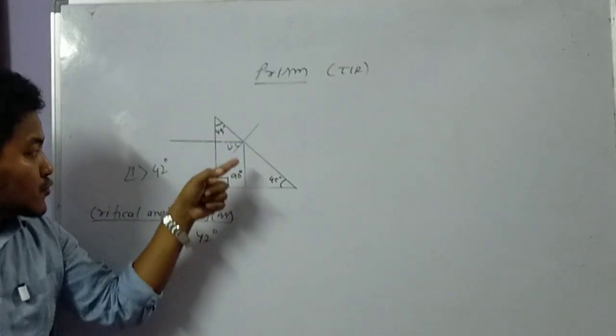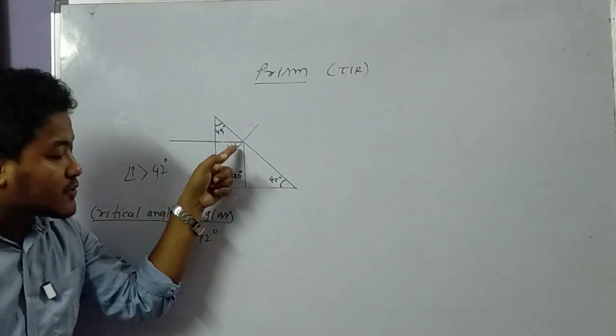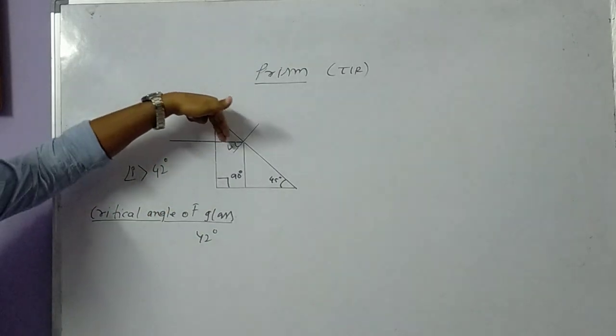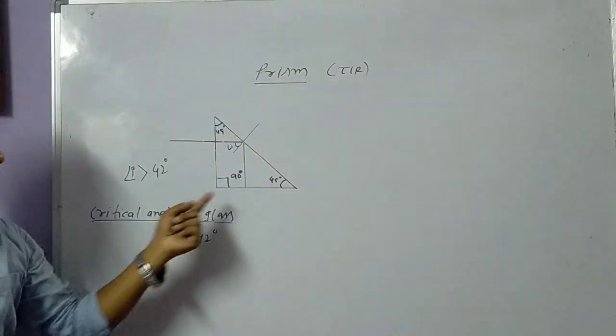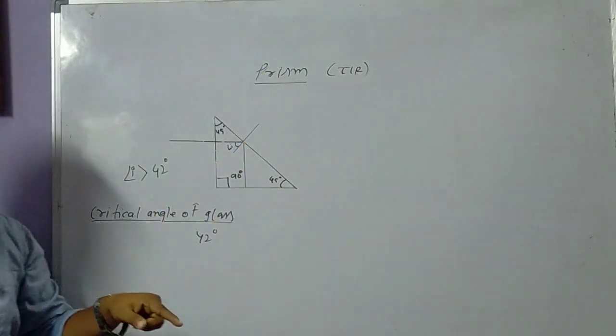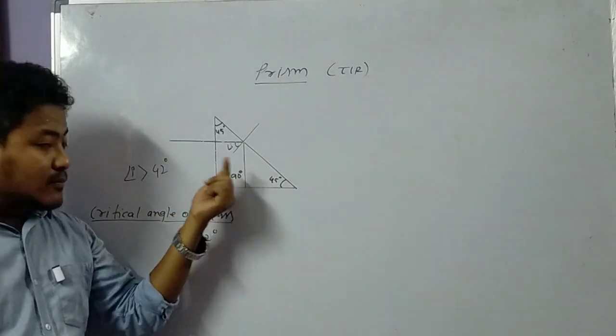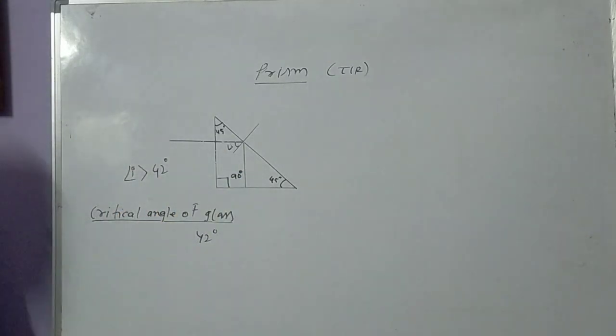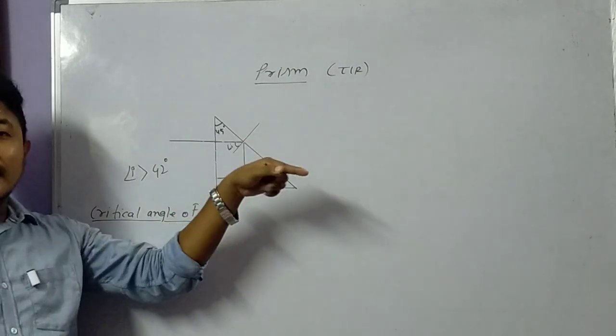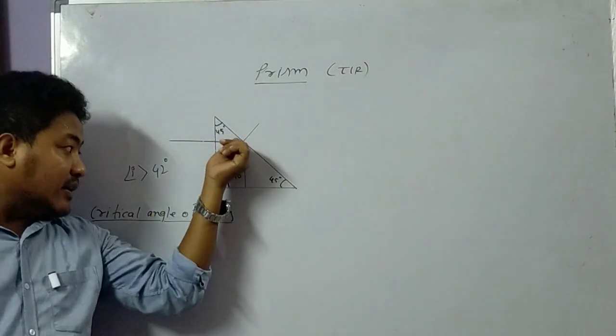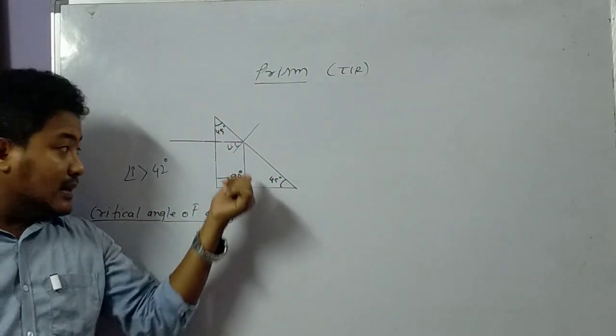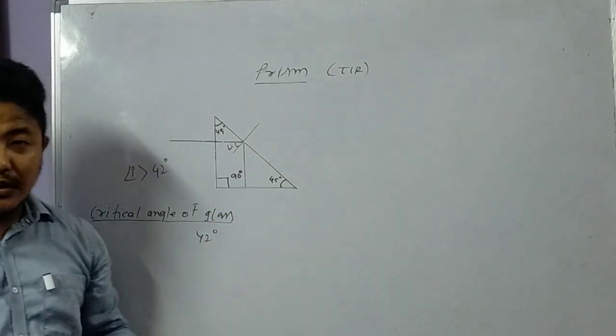Am I clear? So the angle of incidence of 45 degrees will be greater than the critical angle. Since we know the critical angle of glass medium is 42 degrees, 45 degrees is greater than 42 degrees, hence it will reflect back this way, and this is total internal reflection.